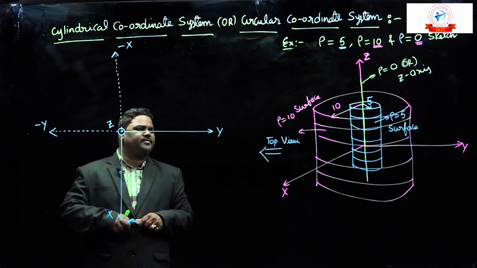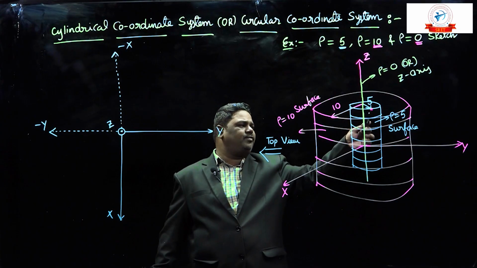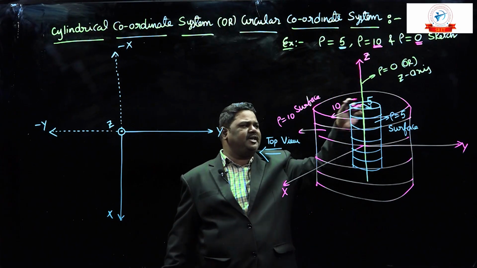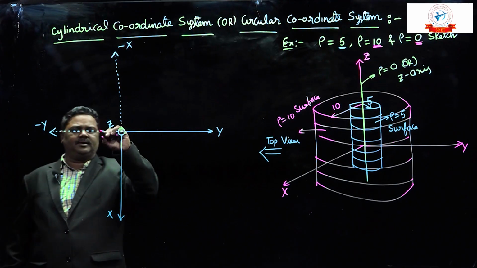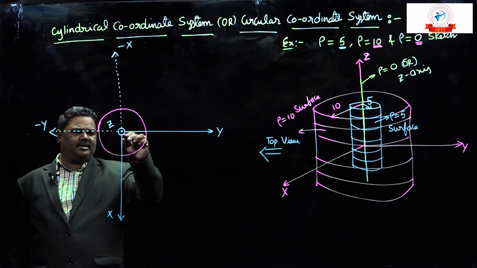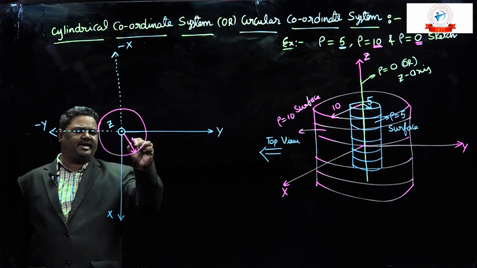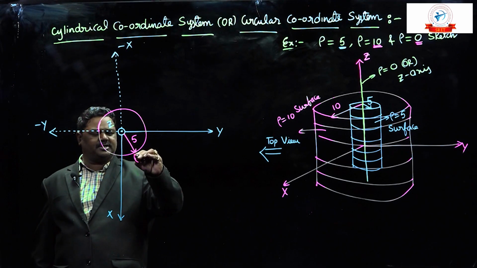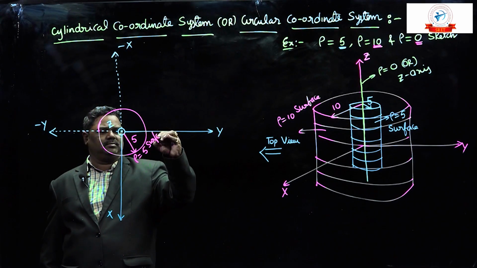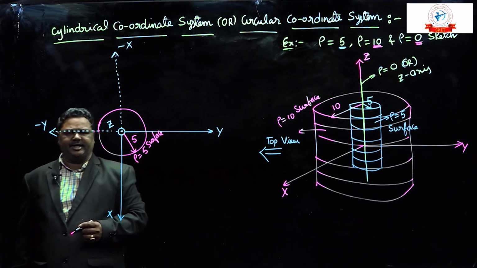First, consider the rho is equal to 5 surface, or rho is equal to 5 cylinder. In the top view, this cylinder looks like a circle, and the radius of the cylinder is 5.